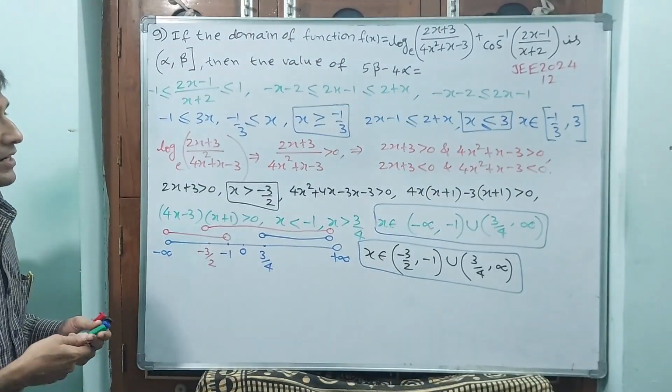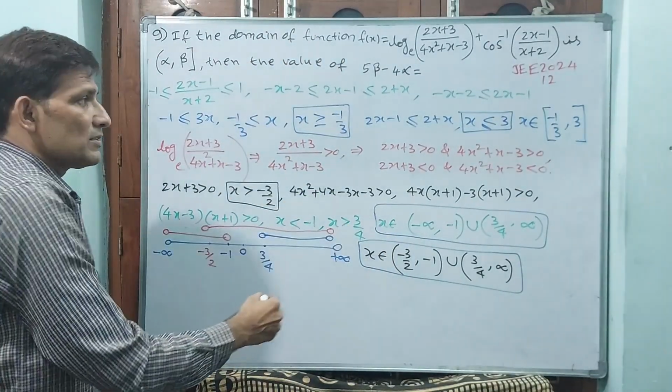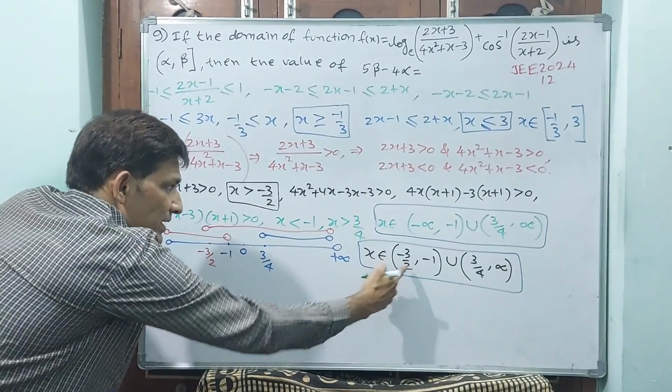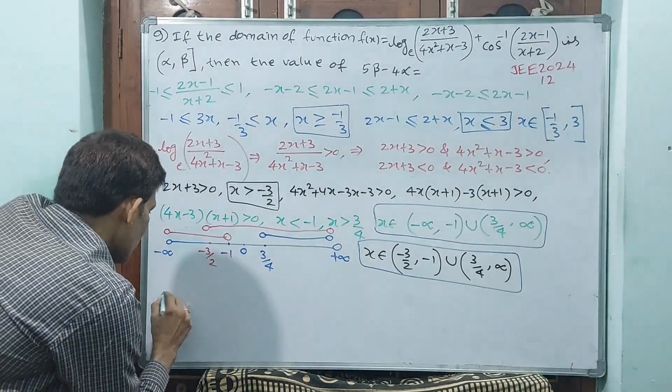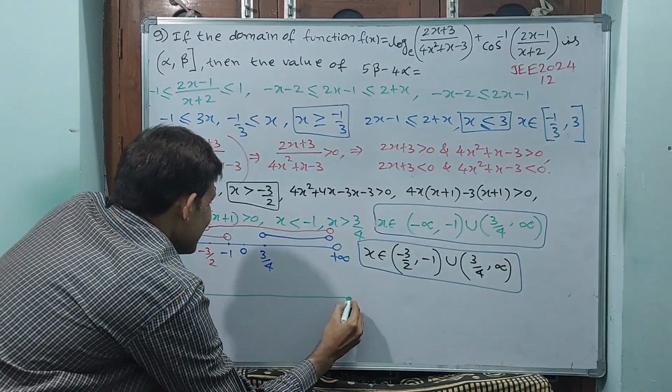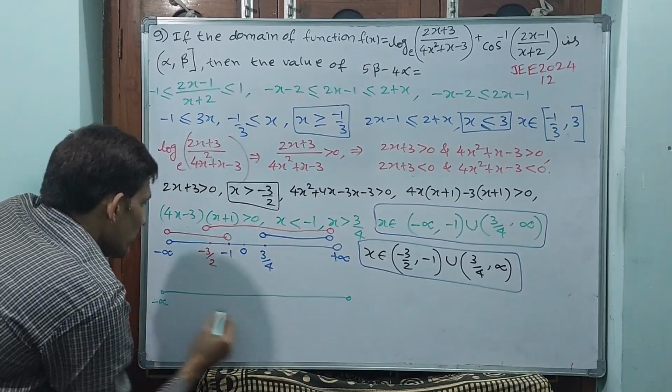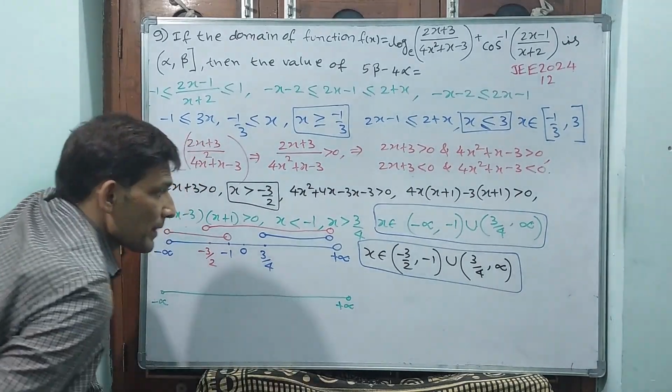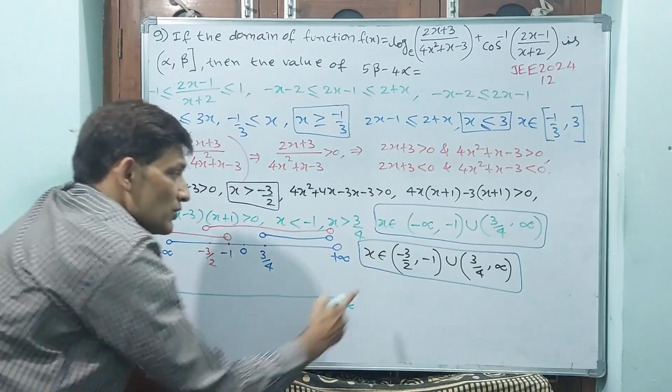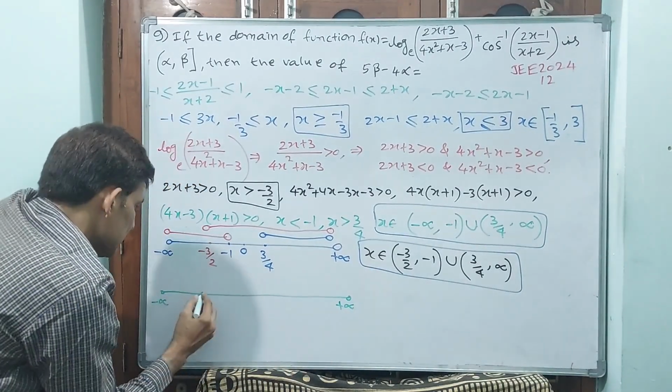Okay. Now one more thing I am taking. Minus infinity to plus infinity. Okay, minus 3 by 2 to minus 1.